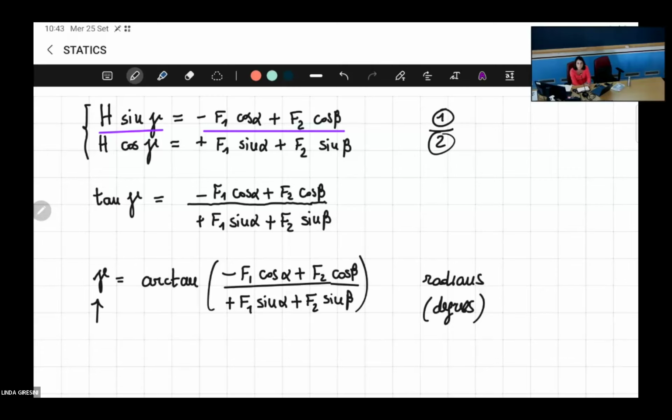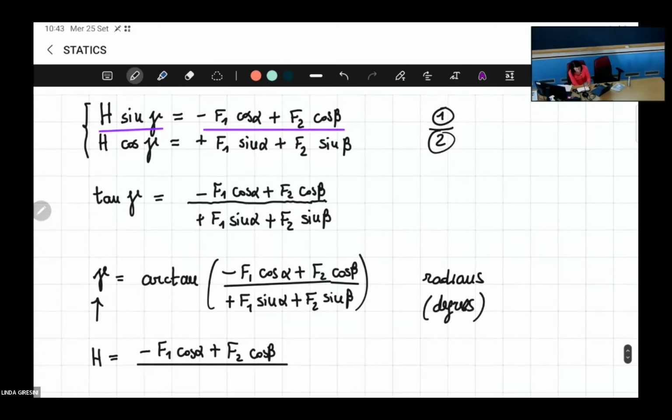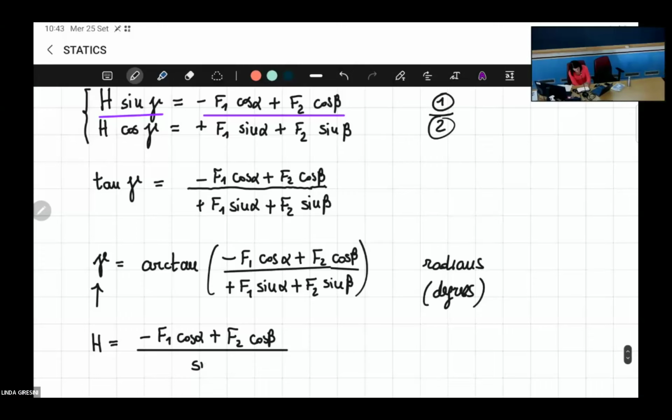You can use either the first one or the second one. For example, let's use the first one. So with the first one, you will have that your H is equal to minus F1 cos alpha plus F2 cos beta divided by sin gamma.